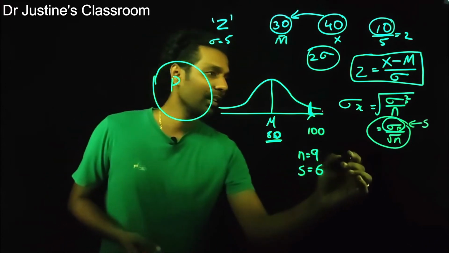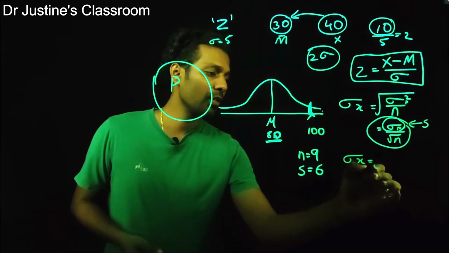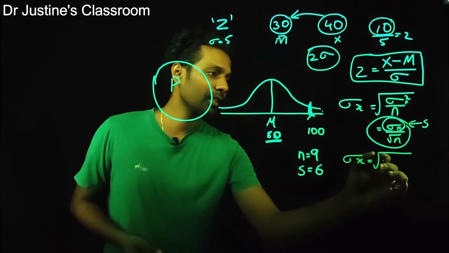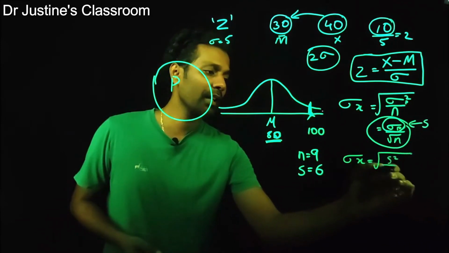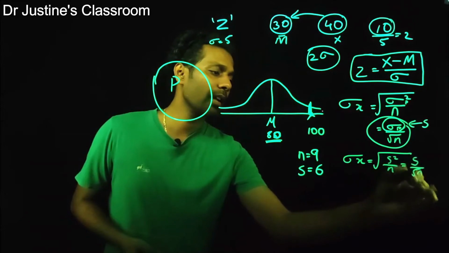So the standard deviation of the distribution is the same as the root of the standard deviation of the sample squared divided by n. That is the standard deviation of the sample divided by root n.